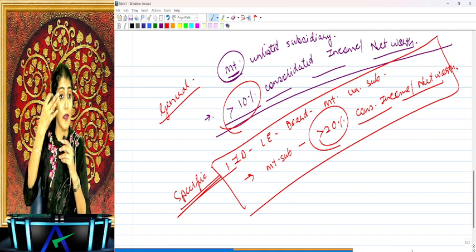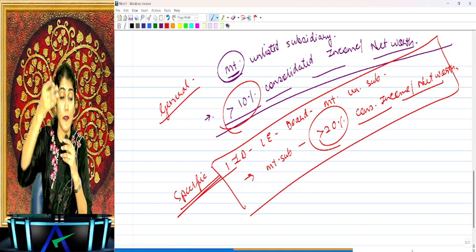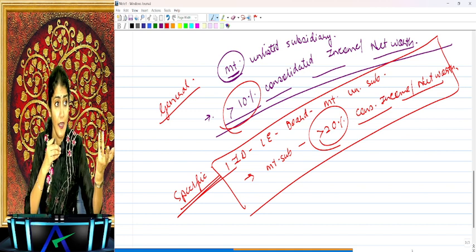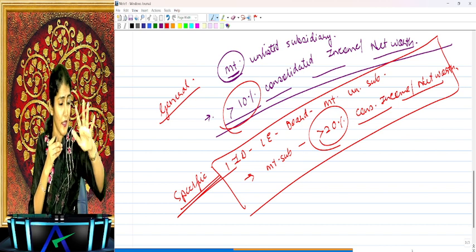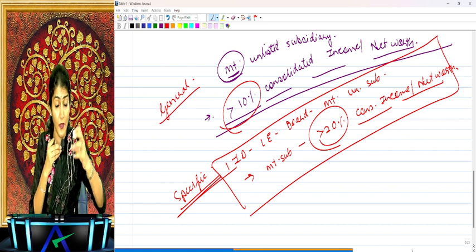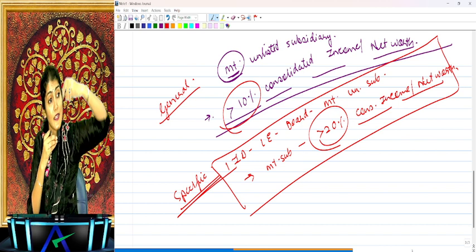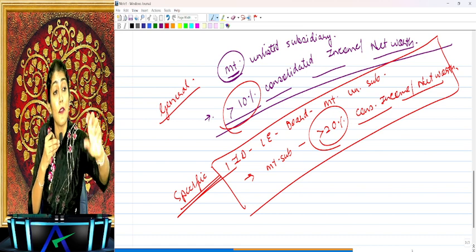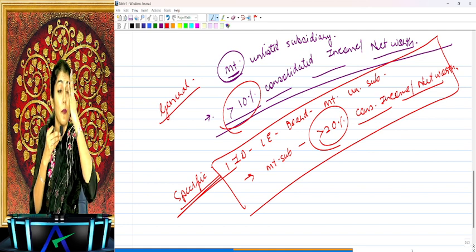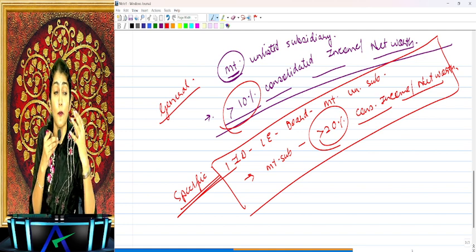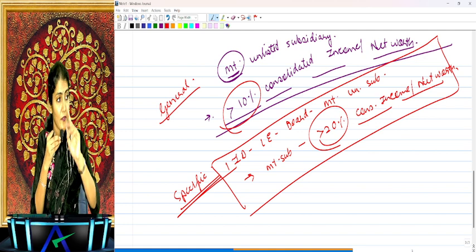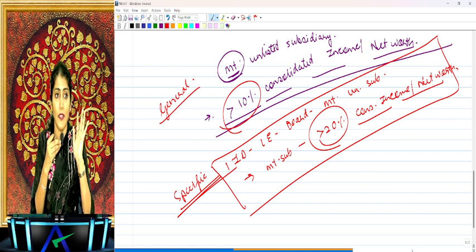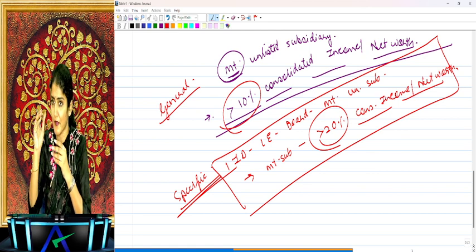So when do you consider your subsidiary to be a material subsidiary? If it contributes more than 10% of the consolidated income or the consolidated net worth. But for one director of the listed entity to be on the board of the subsidiary company, you consider it a material subsidiary if it contributes more than 20% of the consolidated income or net worth. Are you able to follow this, everybody?